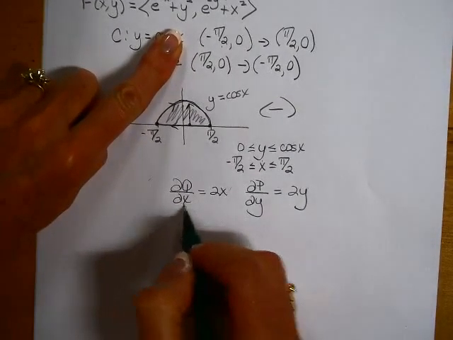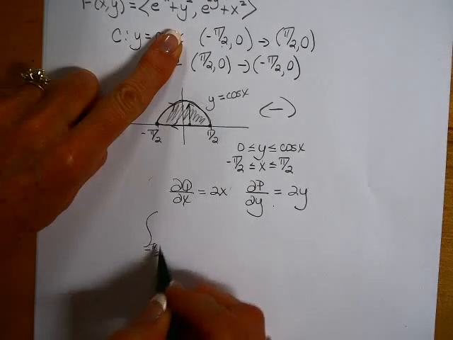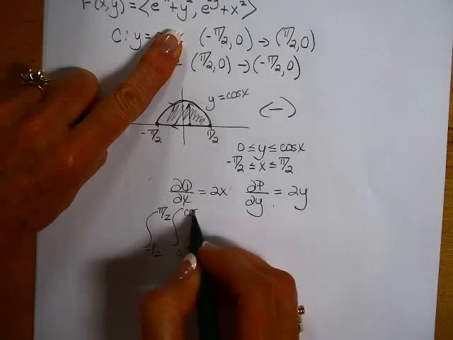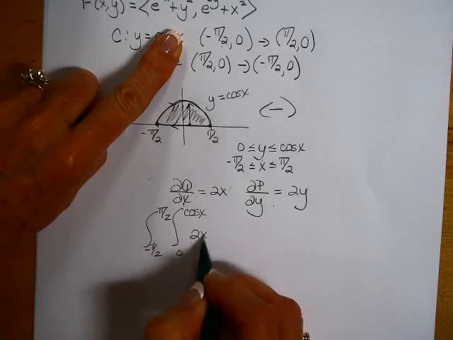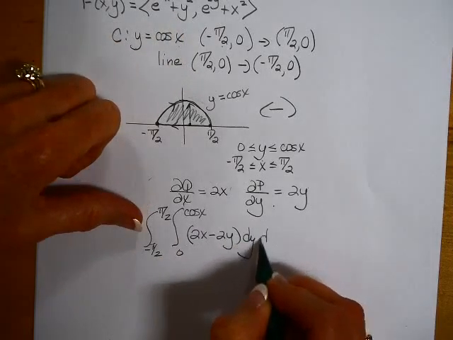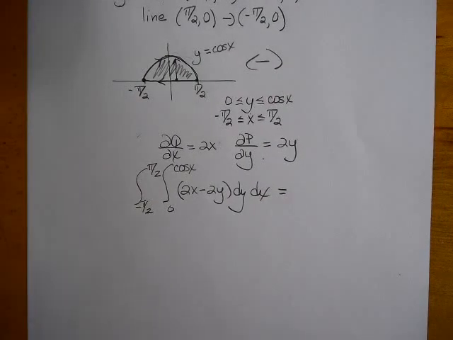And then just do this one minus this one, the double integral from negative pi over 2 to positive pi over 2, from 0 to the cosine of x, 2x minus 2y. This is dy and this is dx. And that would be our answer.